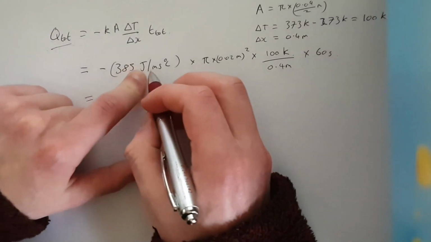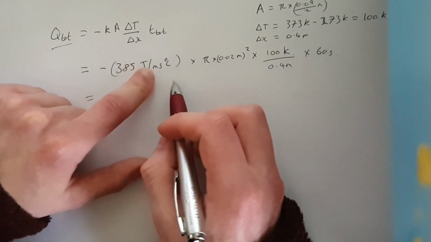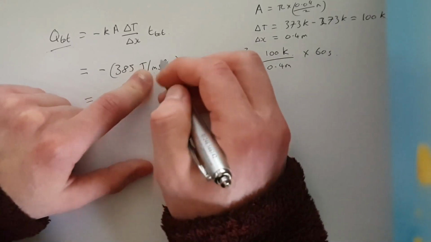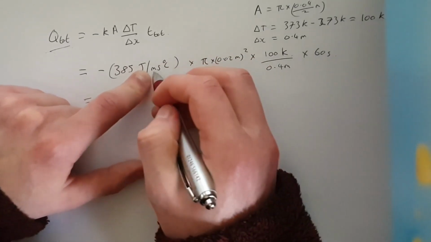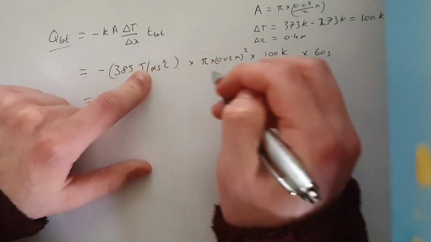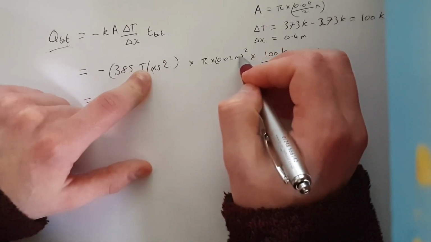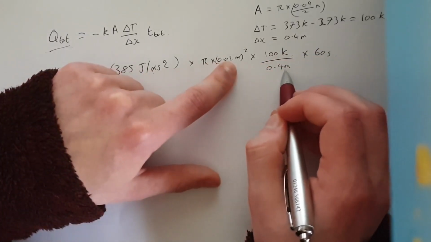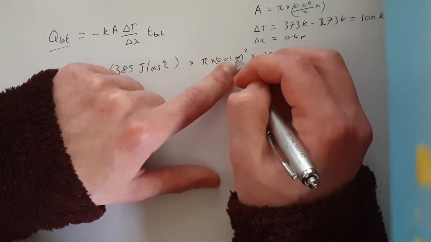So we currently have joules here, which means all the other units must cancel somehow. So we've got meters to the minus 1. That cancels with one of these meters. And then we've also got meters divided by meters here, which cancels with the other meter.